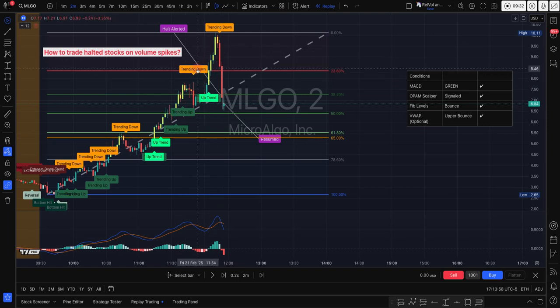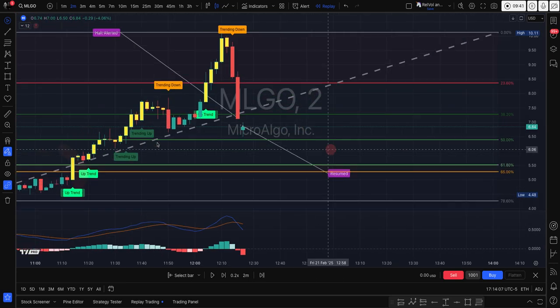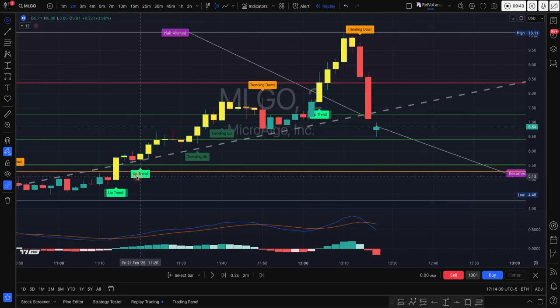But in this case, an uptrend basically comes with these yellow bars. These yellow bars are basically high momentum indicators, and then the uptrend signal confirms it.